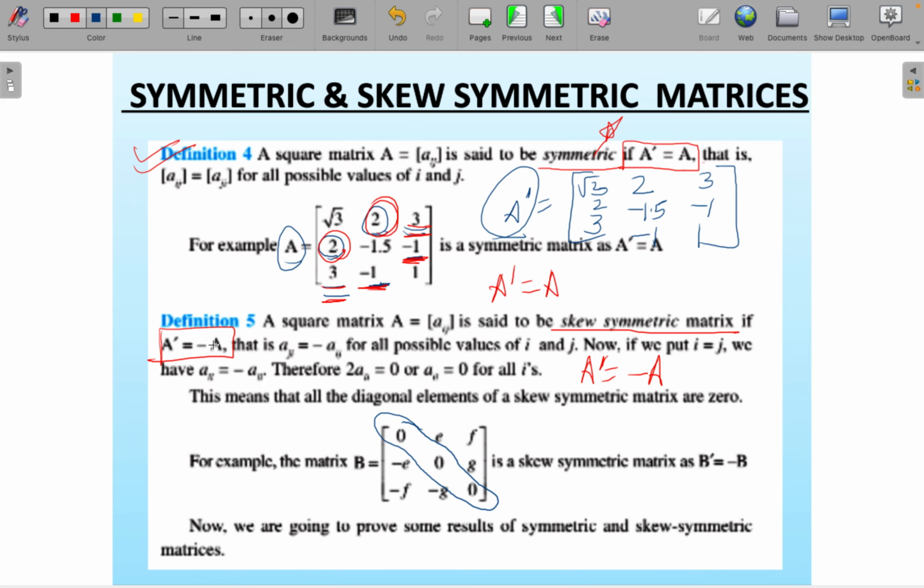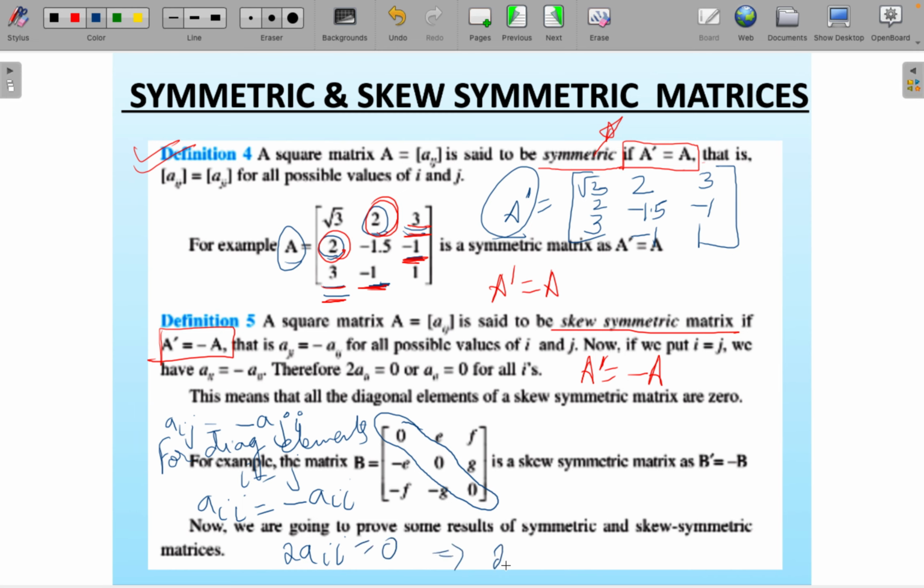If I say A transpose is equal to minus A, that is aij will be equal to minus aji. This is what is meant in general. And for diagonal elements, children, you know that i and j are the same. When i and j are the same, then aii is equal to minus aii, that is, twice aii will be equal to 0.